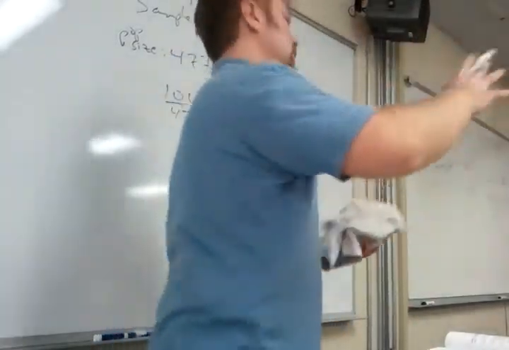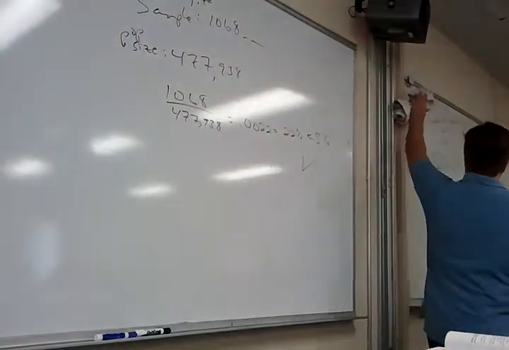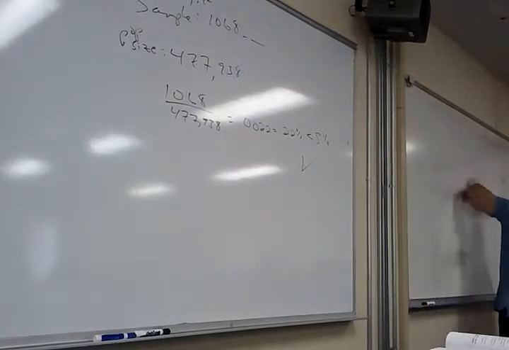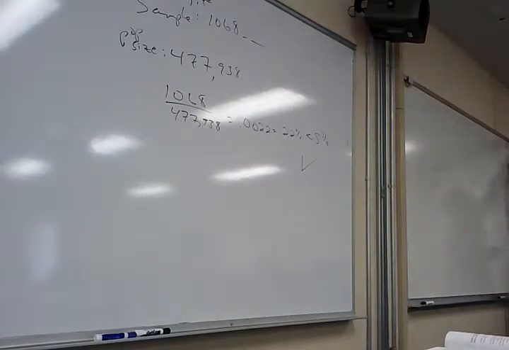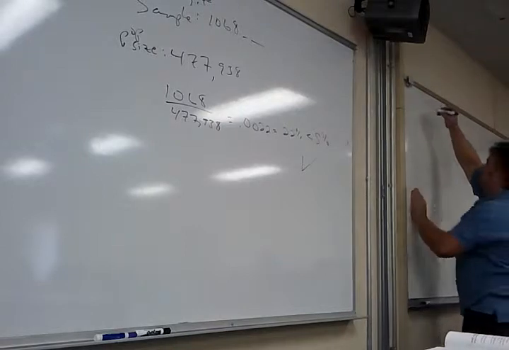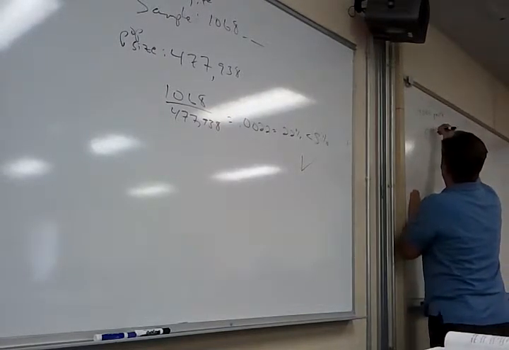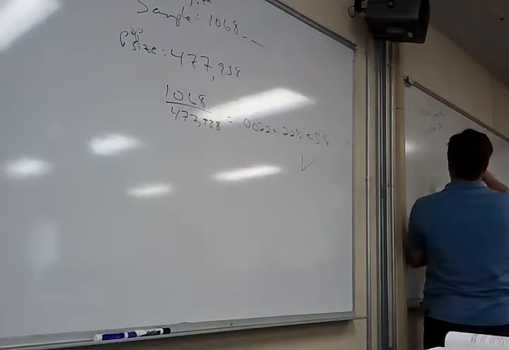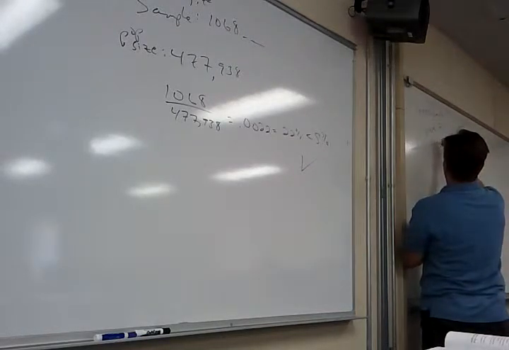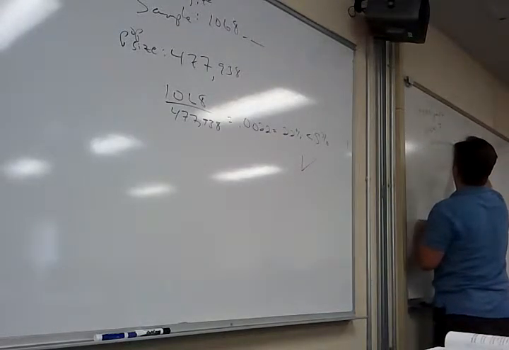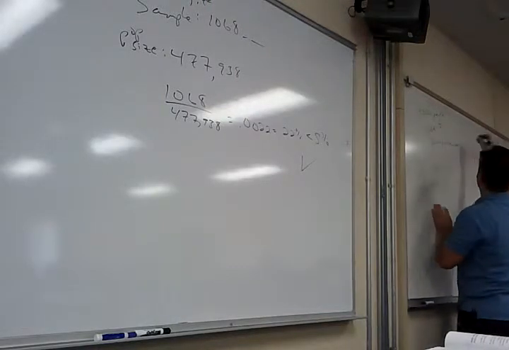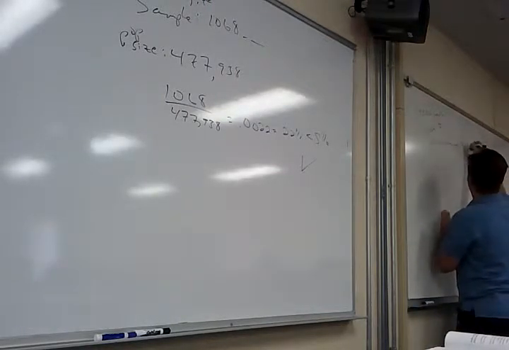So let me do a specific, concrete example. Let's say I've got 4,000 people, and I picked 2. And let's say that 3,000 of them are Mormon.